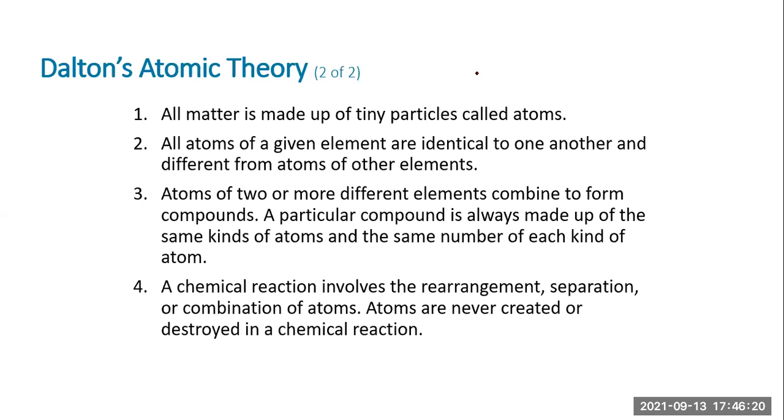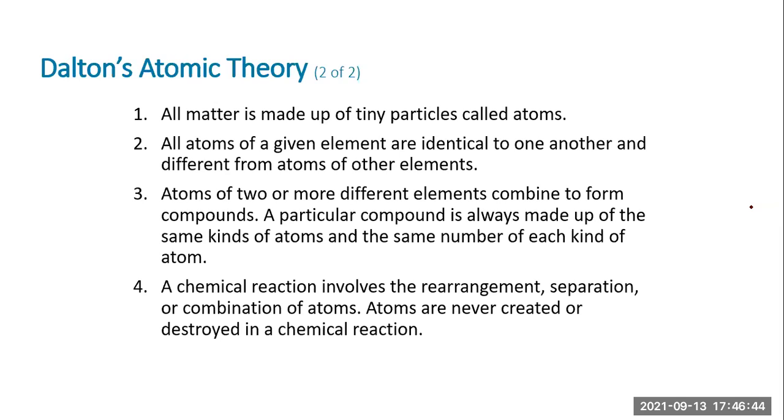And as we'll talk about when we talk about balancing equations, that's why we balance equations, because if we started with, say, 4 carbon atoms on the left-hand side of the equation, or the start of the reaction, we should have 4 carbon atoms on the right-hand side, or the product side, when the reaction is over. The only difference is those 4 carbons may be in different locations.